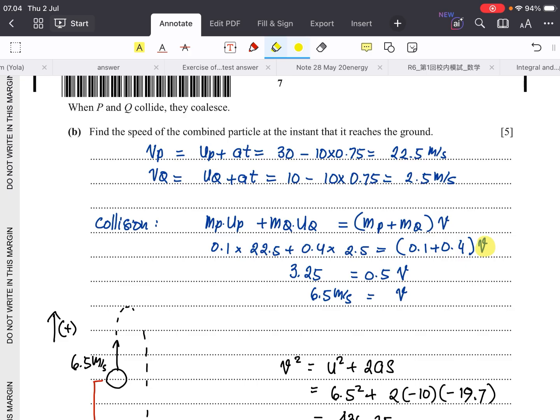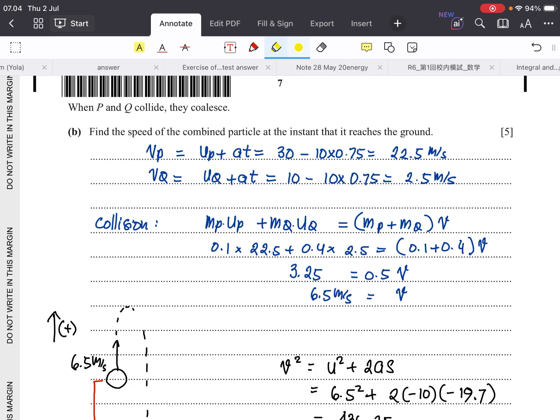And then V is the speed of the combined particle after collision. So we can find V by solving this equation. So V is 6.5 meters per second.